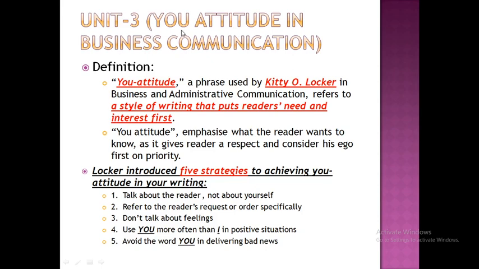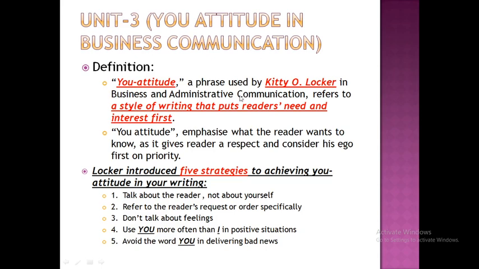So we will understand with the help of a definition. U attitude is a style of writing that puts readers' need and interest first. Very simple, very clear it is. U attitude is a style of writing that puts readers' need and interest first.